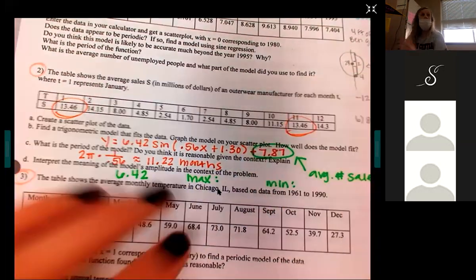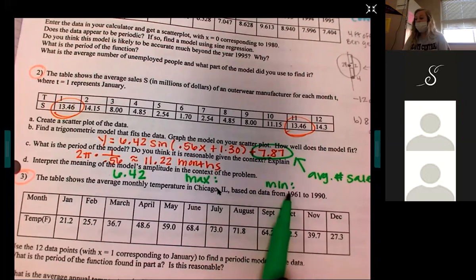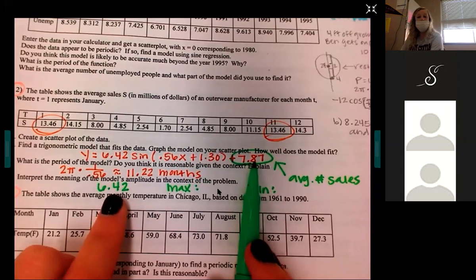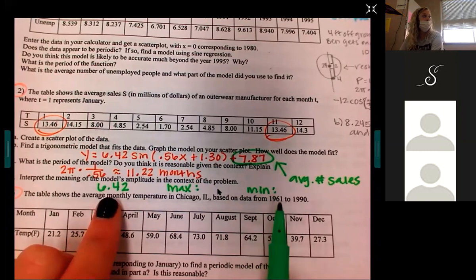Could you find all those things just from looking at the equation, right? We don't really need to do anything with the graph. I need y'all to be able to find the equation, write it down, and analyze the different features. I don't need to write these, do I? You would add these to get the max, and then you would do 7.87 minus 6.42 to get the min.